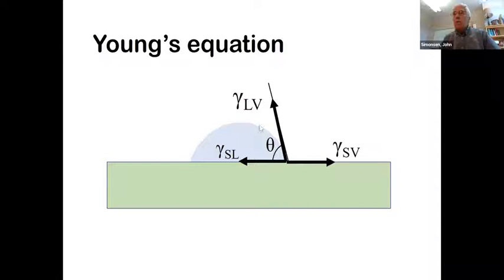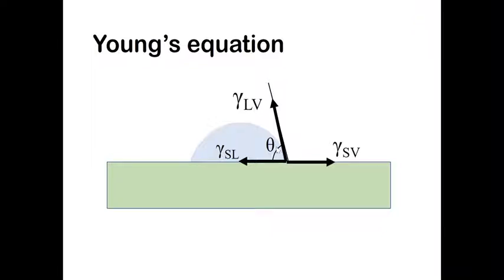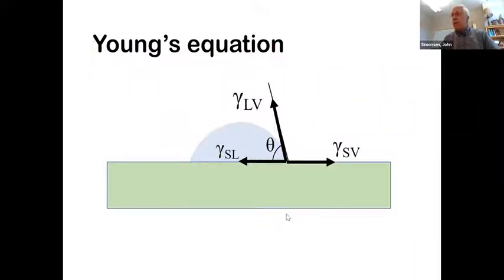So you have a drop on the surface, and you can draw a line that is tangent to the surface as it hits the solid. And then the angle between the surface and that tangent line is called theta, and that's the contact angle. And what you really want is theta to be 0.